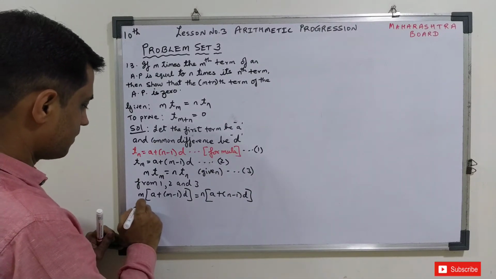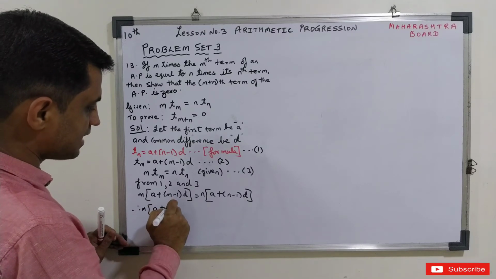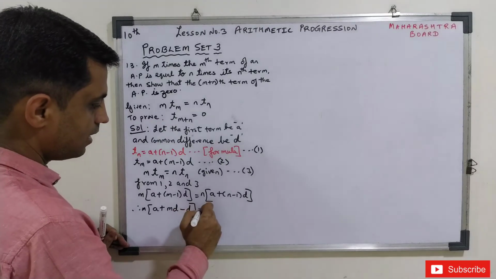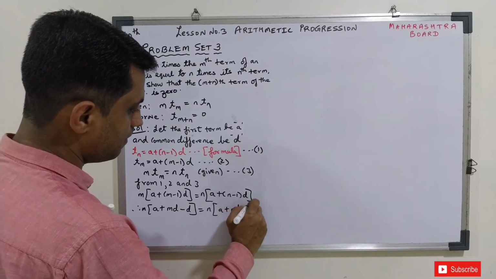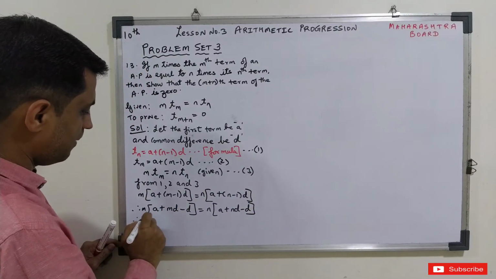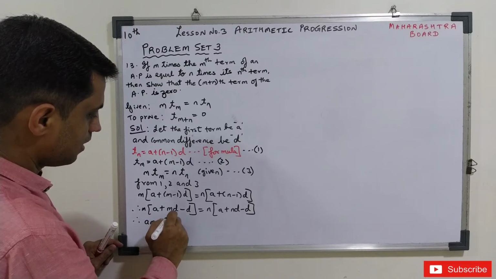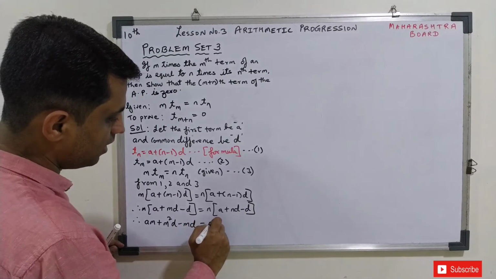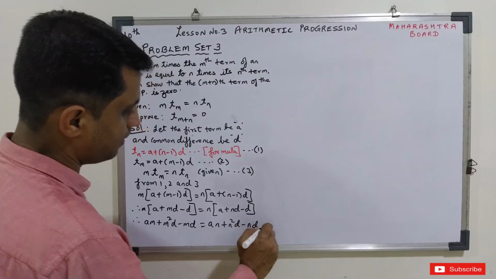After this, m(a plus, multiply this d inside, you get md minus d) is equal to n(a plus nd minus d). Now in the next step we are multiplying m inside, we get am plus m square d minus md is equal to an plus n square d minus nd.